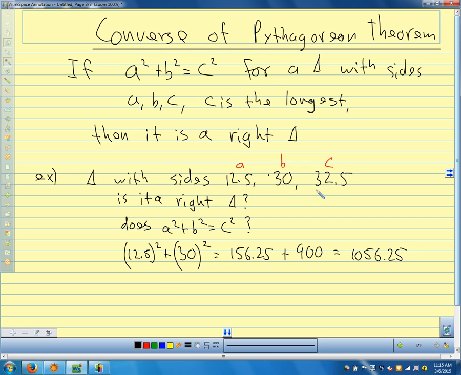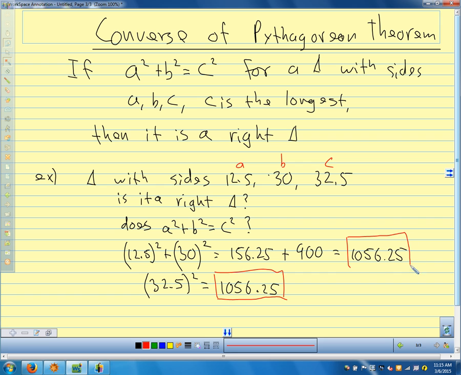And then I calculate c squared. 32.5 squared. Plug that in my calculator, and I see that it is 1056.25, and I see that they are the same.